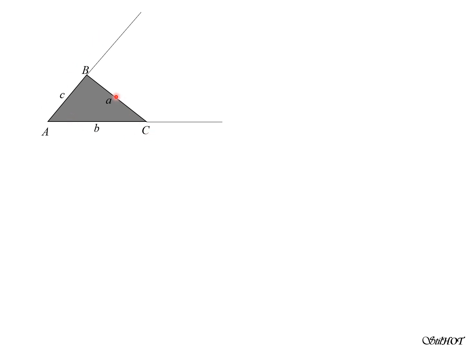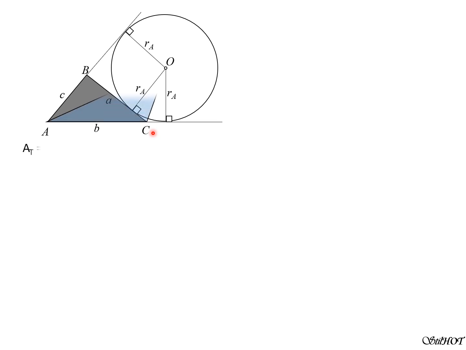So if it is tangent to a, the radius is denoted by r sub a as shown. Then we form a quadrilateral joining the original triangle and another triangle as shown. So that's r sub a, r sub a, r sub a.